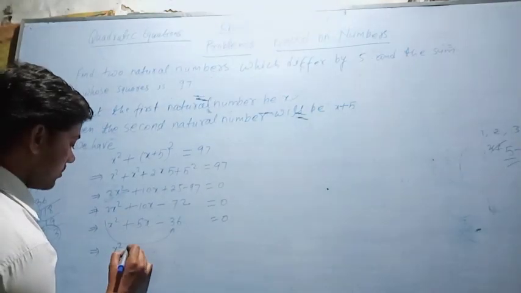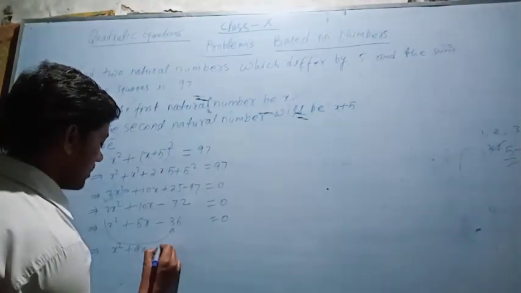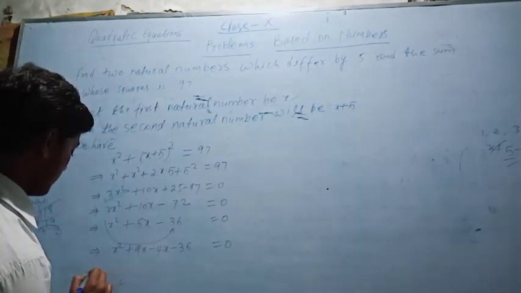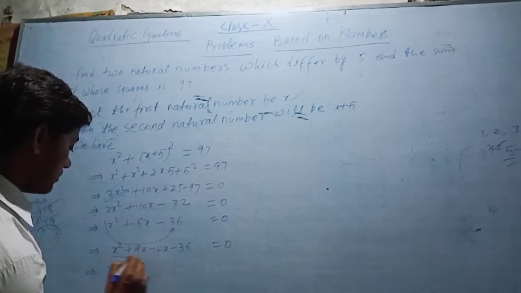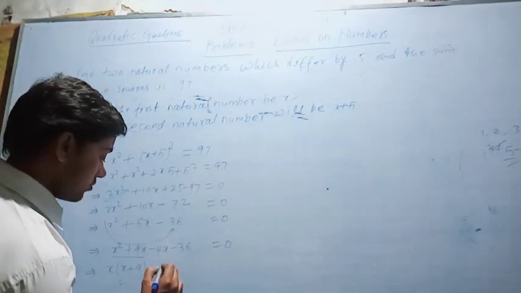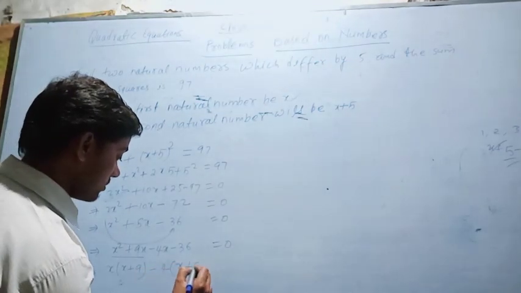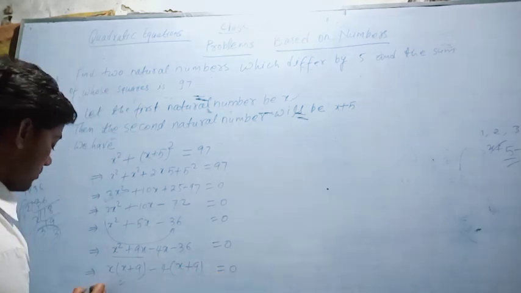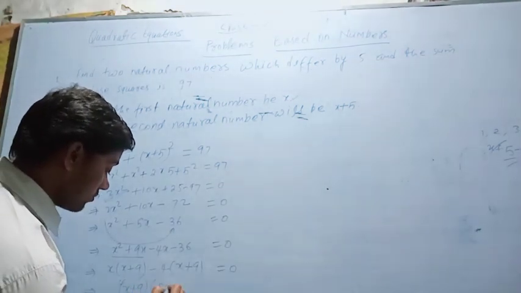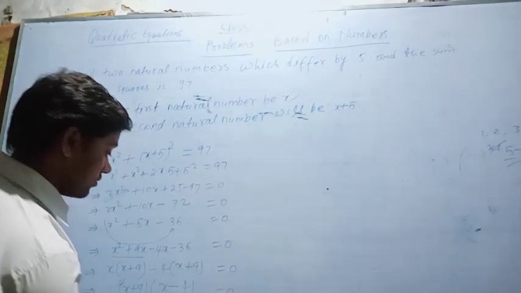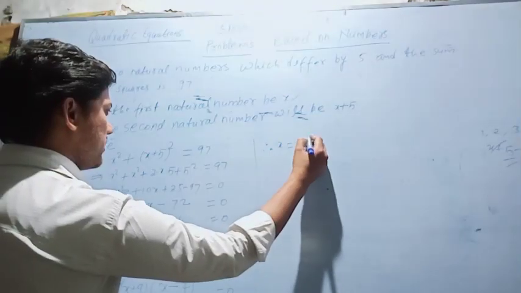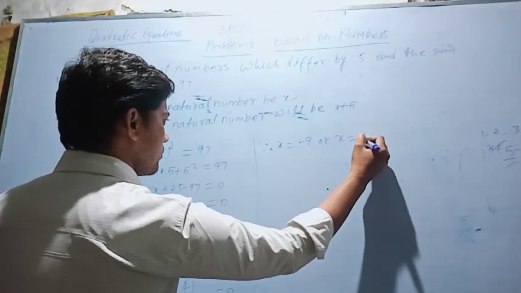So x square plus 9x minus 4x minus 36 is equal to 0. x common: x plus 9 into x minus 4 is equal to 0. Therefore x is equal to minus 9 or x is equal to 4.